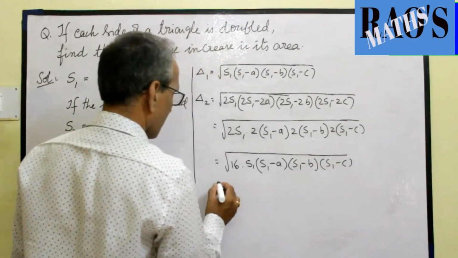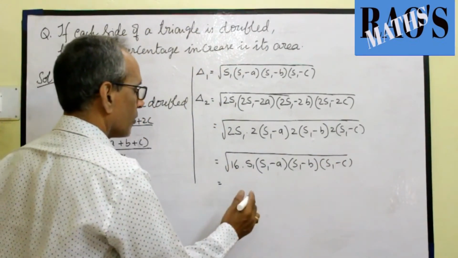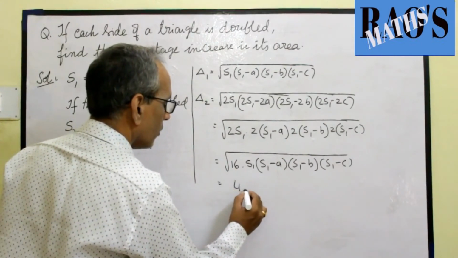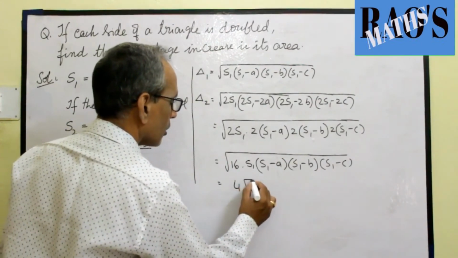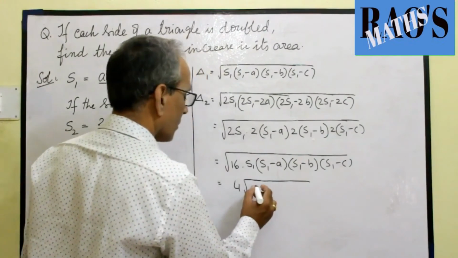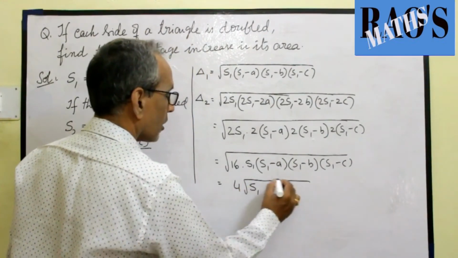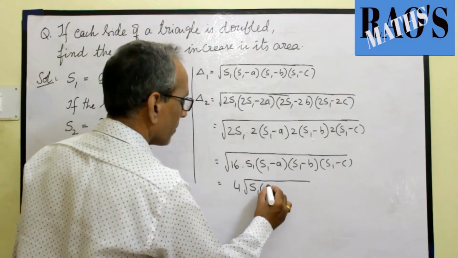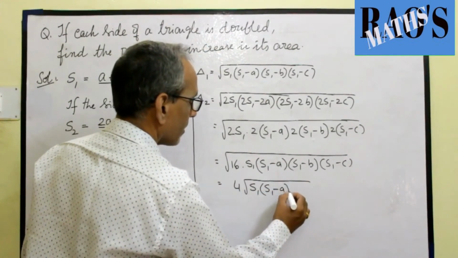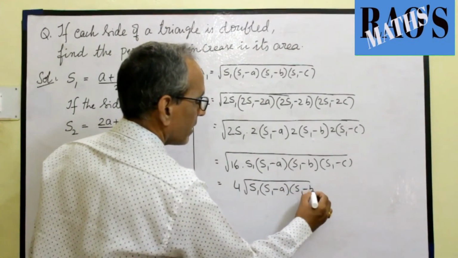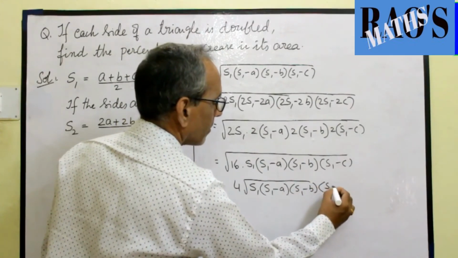Here 16 has the square root, that is 4. That is 4 root of S1 (S1 minus A)(S1 minus B)(S1 minus C).